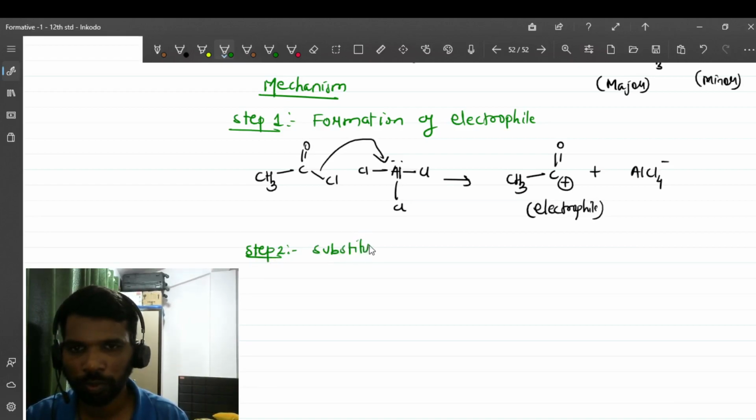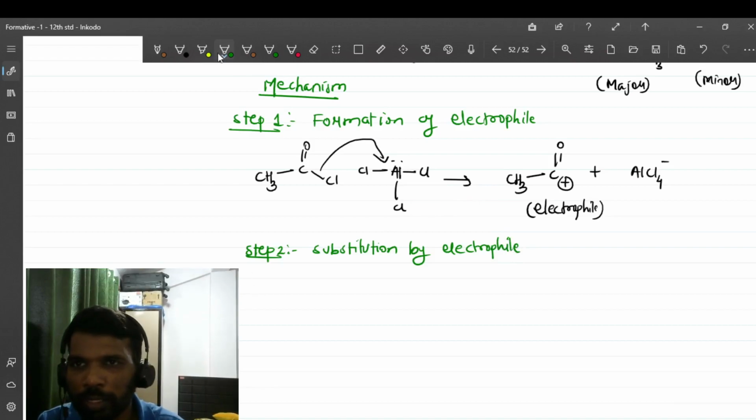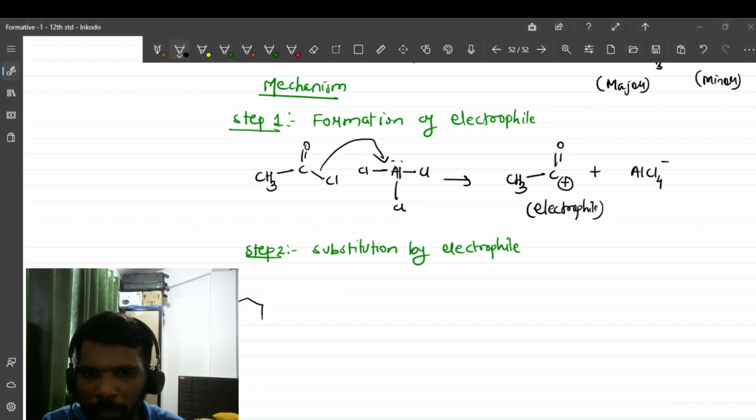Step 2 is substitution by electrophile. The electrophile will substitute on a benzene ring, or here a chlorobenzene. We start with this. This is chlorobenzene.